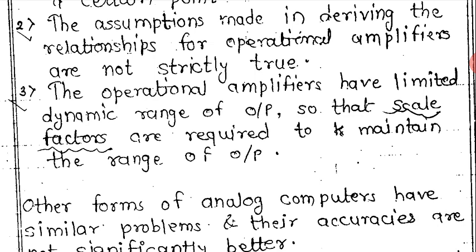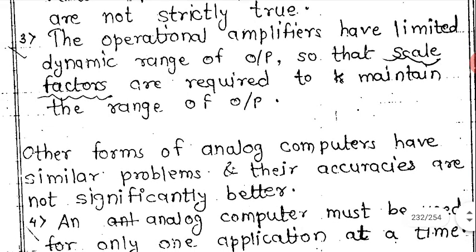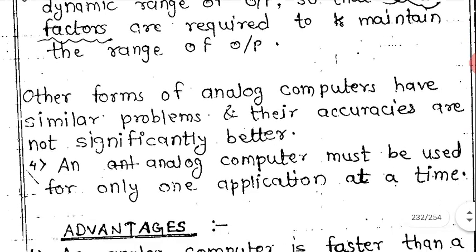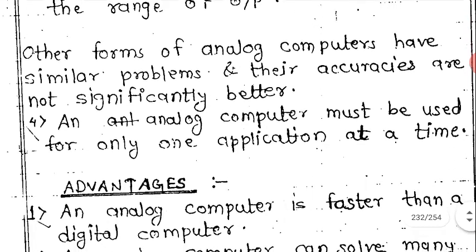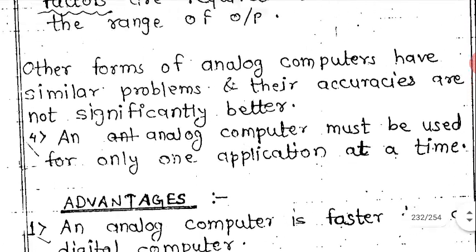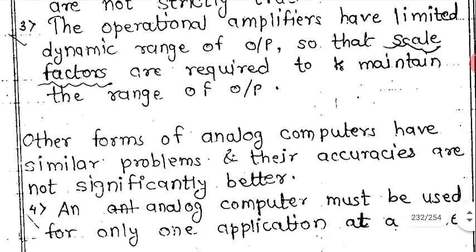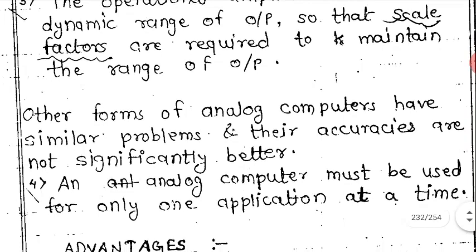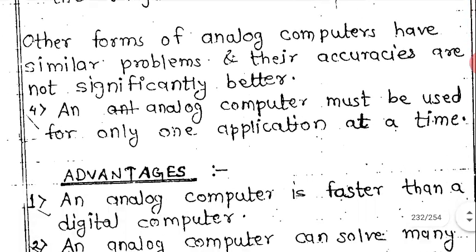We have made some assumptions in these operational amplifiers that are not strictly true. Also, the operational amplifier has limitations in the dynamic range of output. The scale factors are required to be maintained in the range of output, so we have to keep the operational amplifier within the output range.